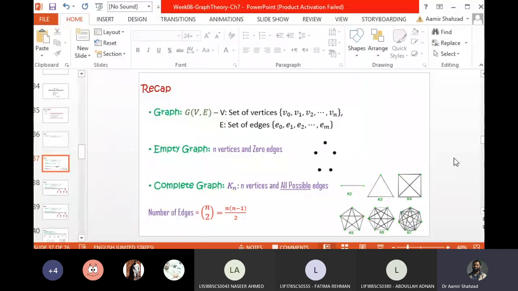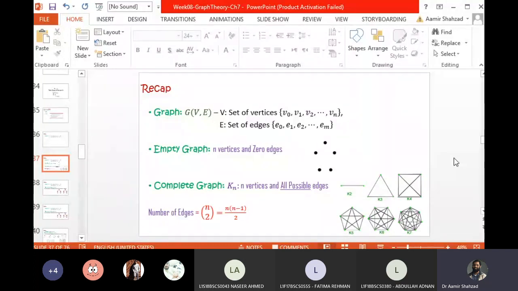So if each and every person is shaking hands with each and every other person, it means each and every node is connected to each and every other node. So if there are n nodes, each node is connected to n minus 1 nodes.